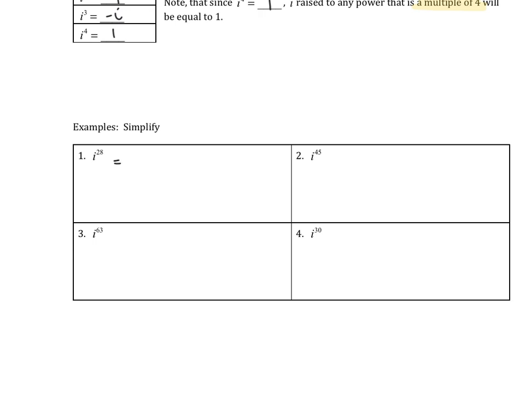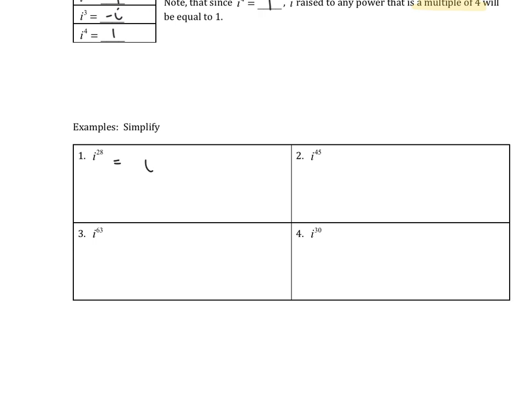Let's see, 4 times 2 is 8, 4 times 3 is 12, 4 times 4 is 16, 4 times 5 is 20, 4 times 6 is 24, and 4 times 7 is 28. So actually, this is a multiple of 4.